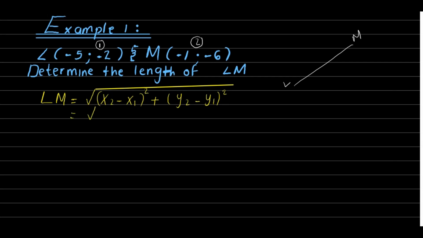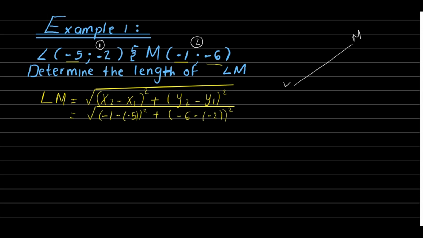Our x2 is equal to -1 minus, what is our x1? -5, and that is all squared, plus, what is our y2? It's -6 minus, what is our y1? -2, all squared.